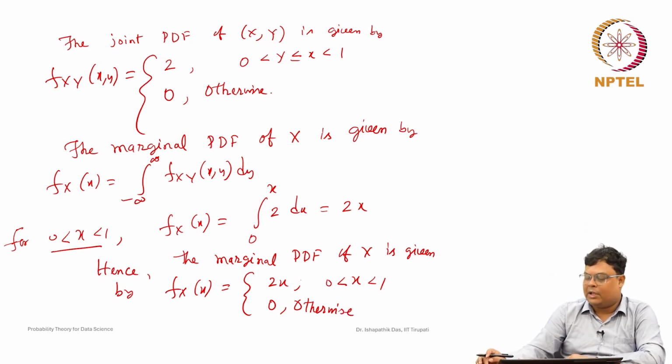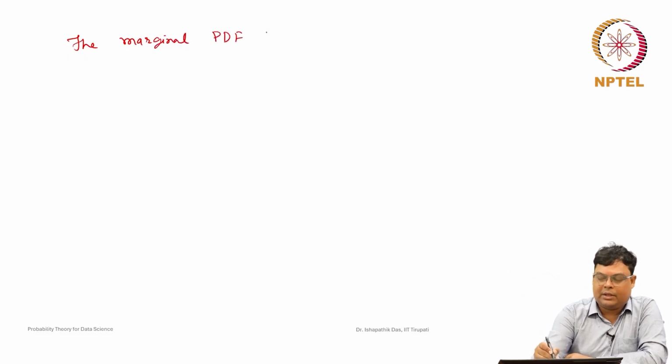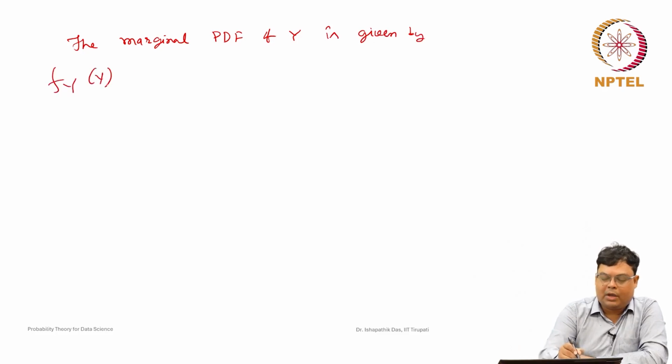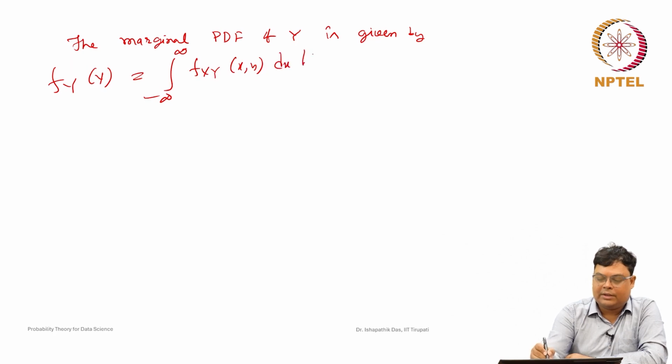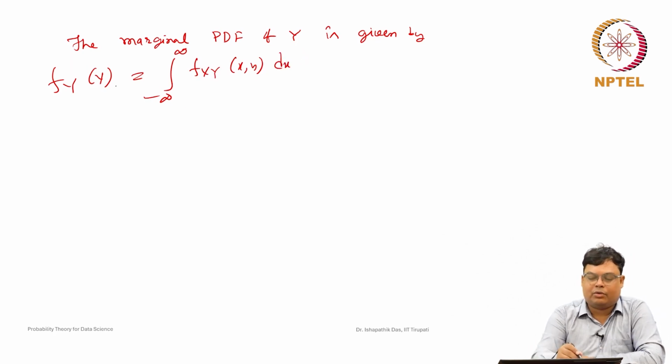Now we want to find the marginal probability density function of y. By definition, f of y is the integral from minus infinity to plus infinity of f(x, y) dx. We have to integrate only with respect to x, because we want to find the density of y.